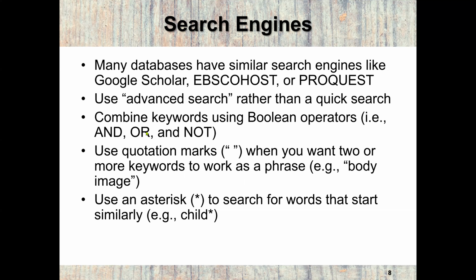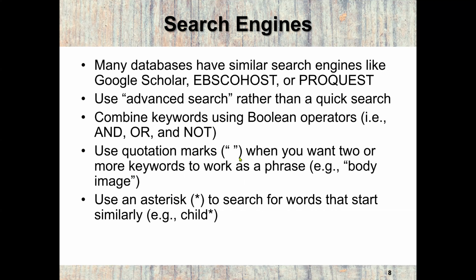Now, if I want to search an article that is related to both apple and orange, then I'll say apple and orange. Or I want to search for an article that is related to anything, but I don't want apple, then I'll use not apple. So these are the Boolean operators that we can use to make our searching more efficient and get better results.